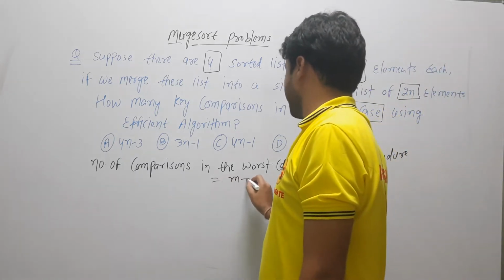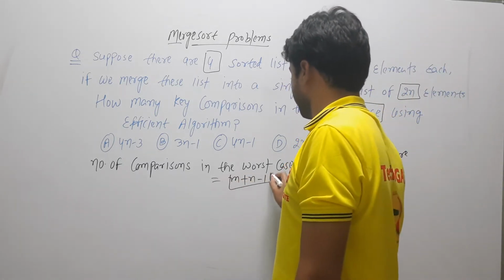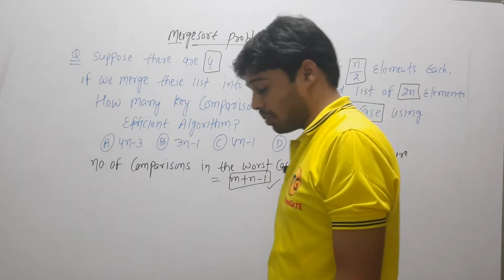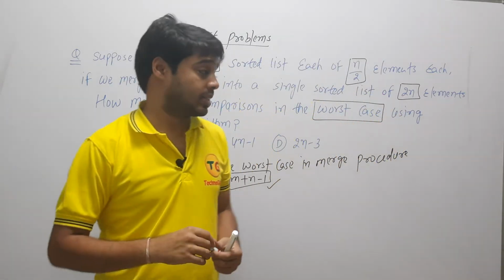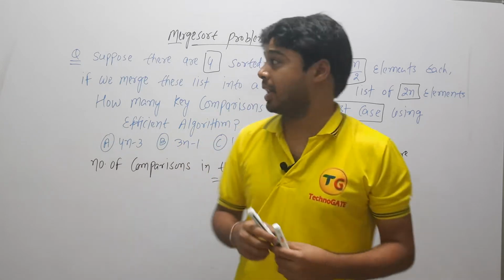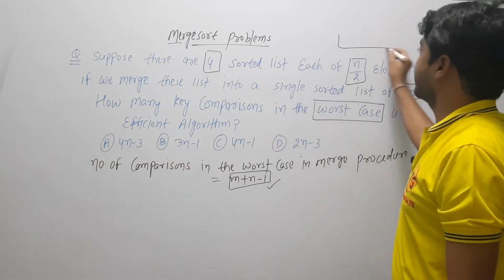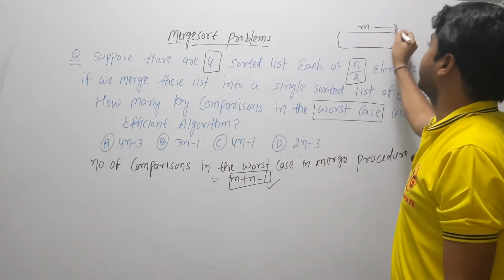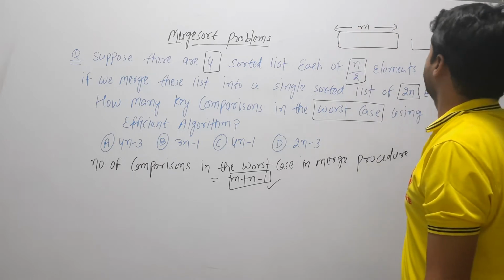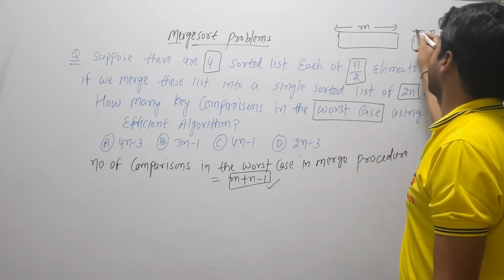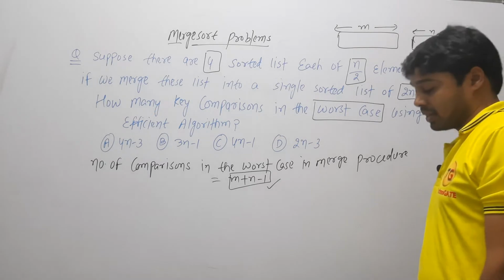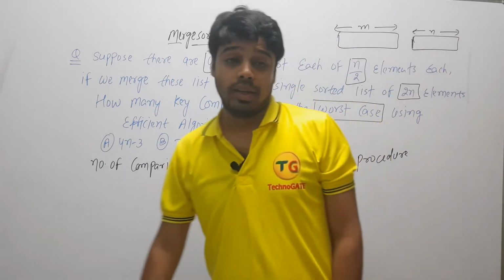Here m plus n minus 1 number of comparisons are there in the worst case. If one list contains m elements and the second list contains n elements here, so how many element comparisons are there? m plus n minus 1 comparisons are there.